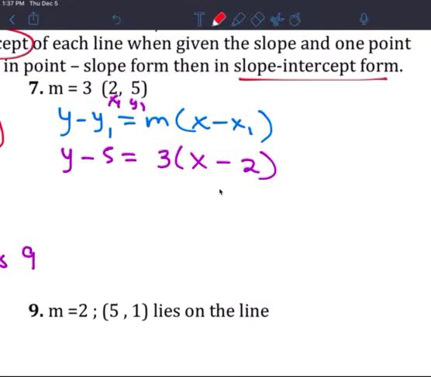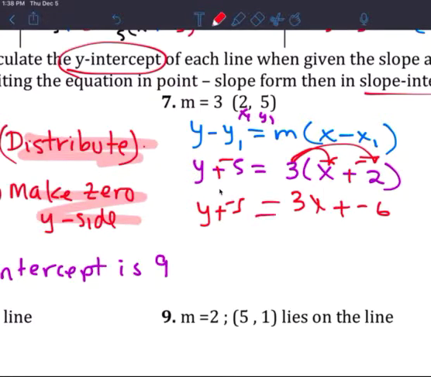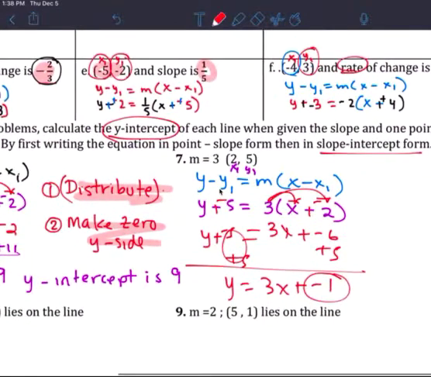Additive inverse, distribute parentheses, and then make 0 on the y side. That's negative 6. Make 0 on the y side, y equals 3x plus a negative 1. So the y-intercept here is negative 1.